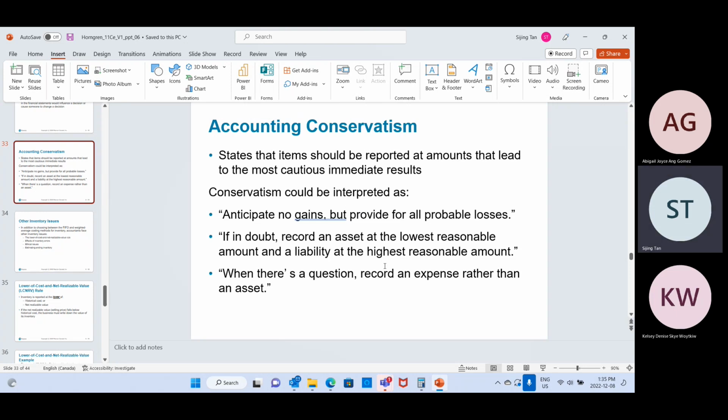So the goal is to provide reliable statements that do not mislead external users into thinking the results are better than they are. So you can see from this, if there is a doubt, if there's a question, right, we always record expenses rather than assets.